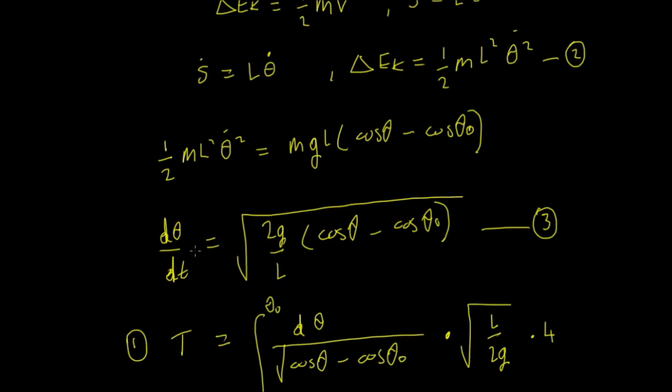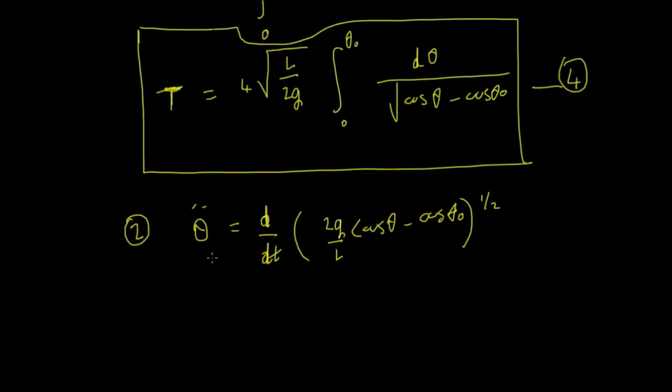All we've done is differentiate that again, so theta dot becomes theta double dot, and we differentiate this side with respect to time. On the right hand side it's the chain rule, so we have a half of what's inside the brackets, 2g upon L times cos theta minus cos theta naught, all to the power minus a half.